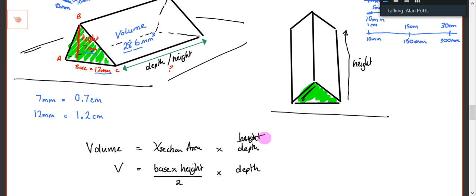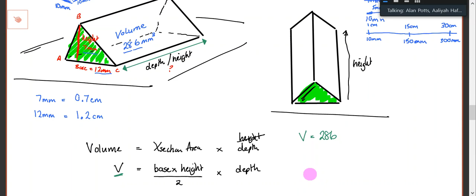Now what I do is I start putting the numbers in, even if it's not in the place I expect it to be. So the volume, does that have a number I could replace the V with? What is it? 286.